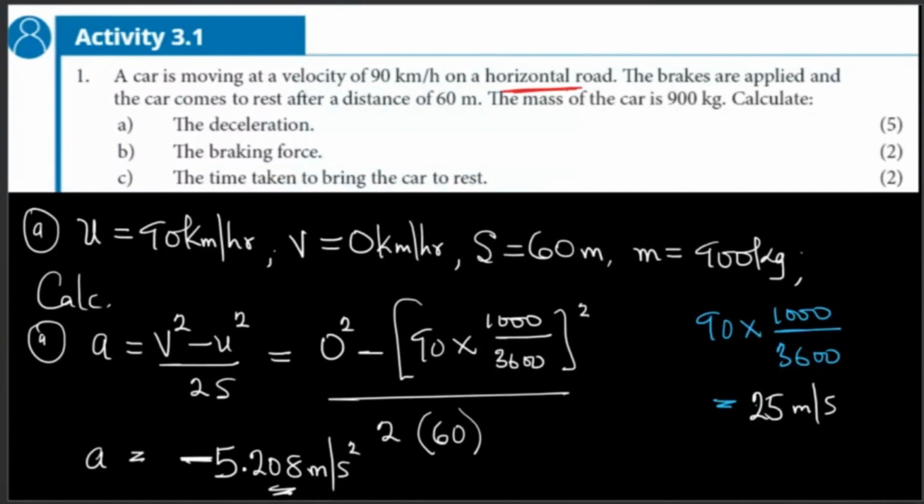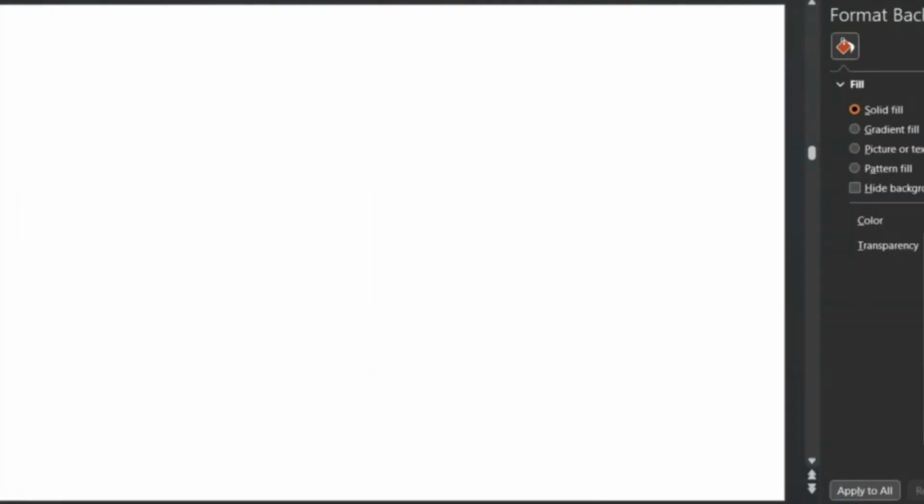The braking force. Guys, sometimes I might be using another slide, so you have to refer to the textbook to read the questions. How would you determine the braking force? It's F equals ma, because with accelerating force and braking force, the formula is the same.